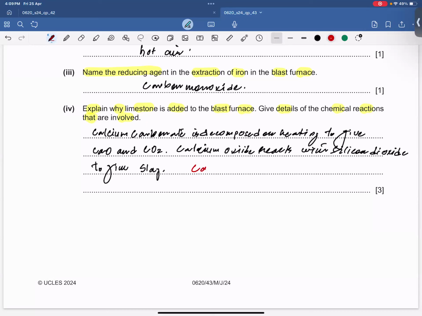So the equation for the reaction is calcium carbonate converting into calcium oxide and carbon dioxide, and calcium oxide and silicon dioxide reacting together, converting into calcium silicate.